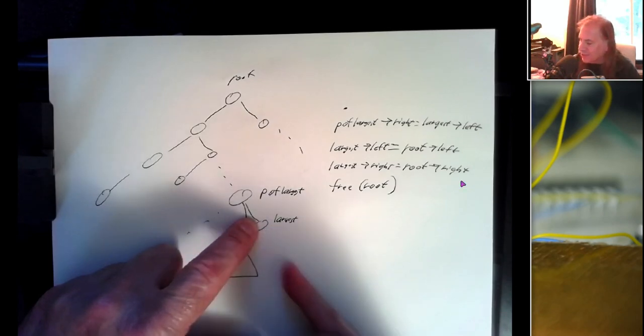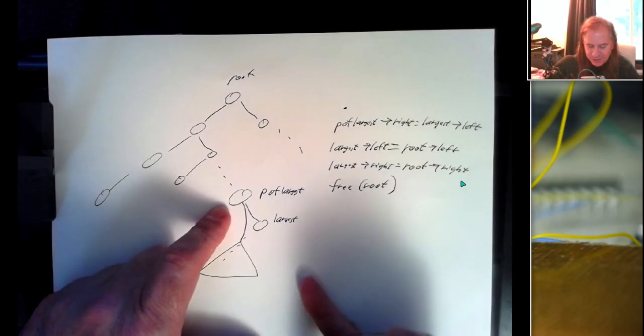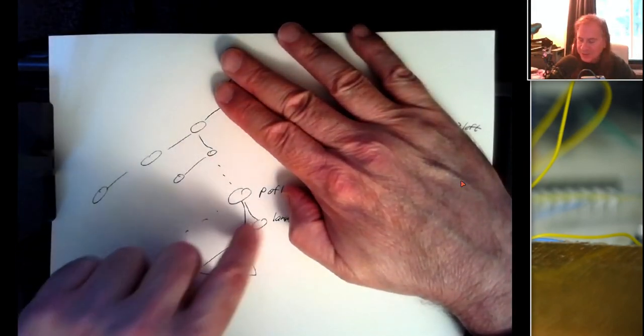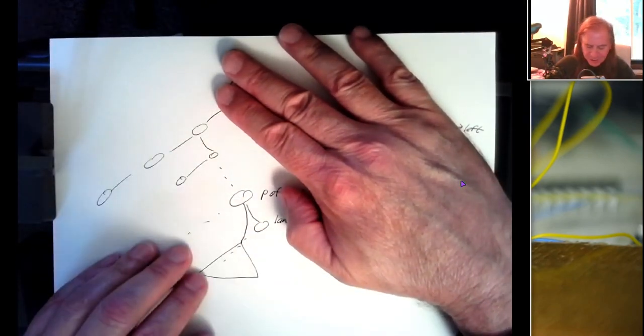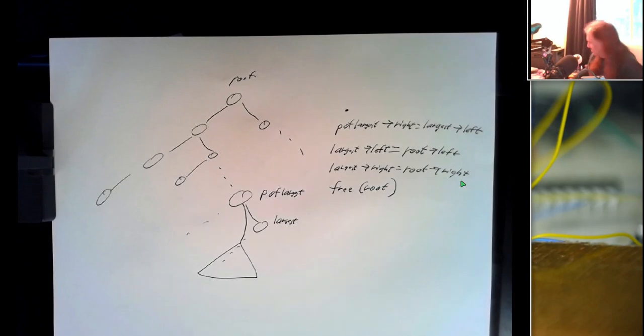Because anything to the right is bigger than that node. So by moving as far to the right as possible in this left subtree, we can find the largest node in this left subtree. It's the rightmost node. But there's a few edge cases that we need to think about when we're doing this. So let me show you a few possible complications.